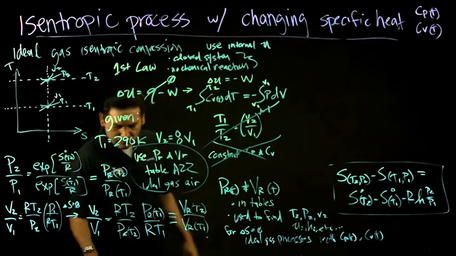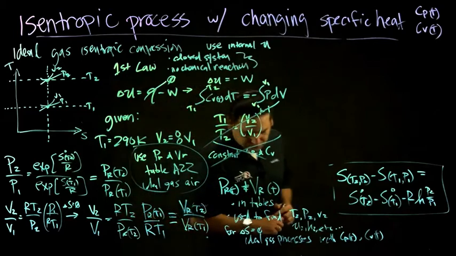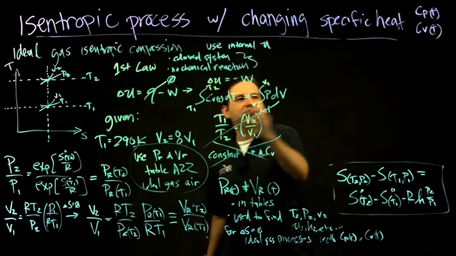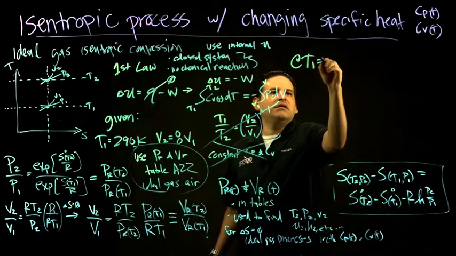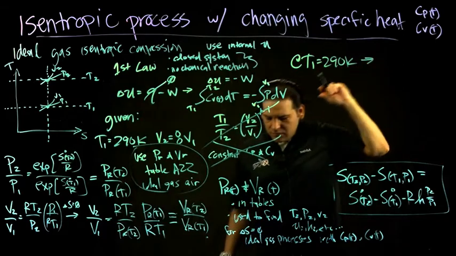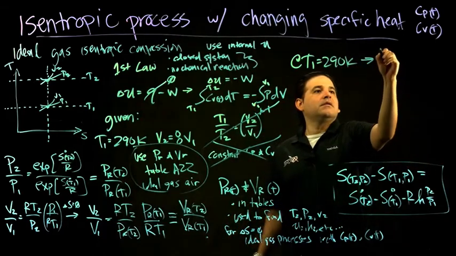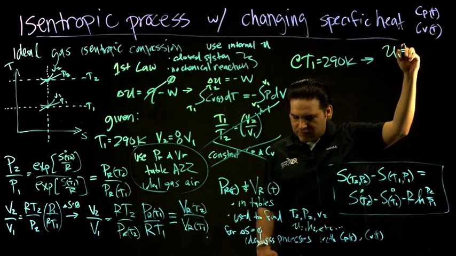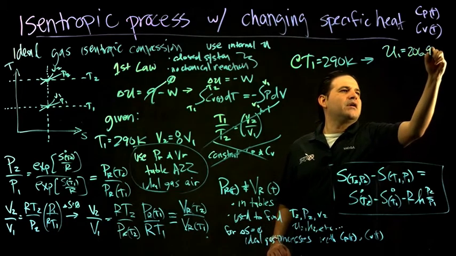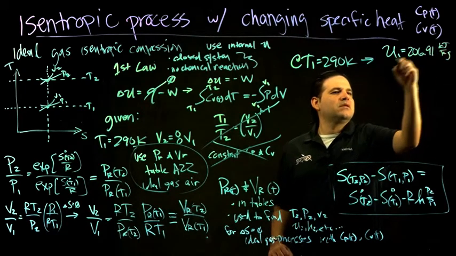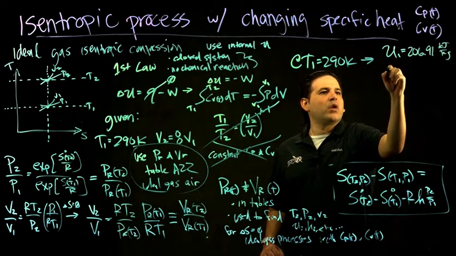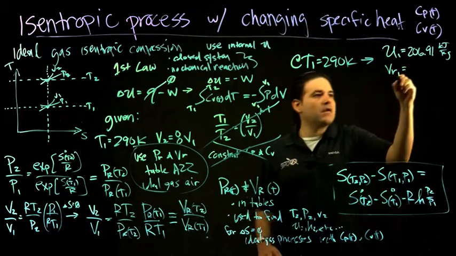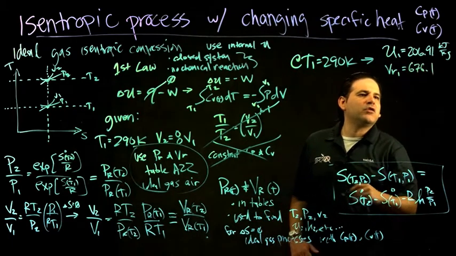So how do we do that? We're going to use the table. So what we say is that at T1, from the table, the internal energy there is 206.91, and the relative volume there, so there's no units.